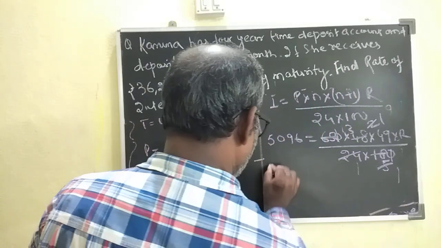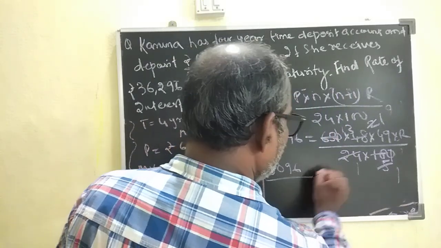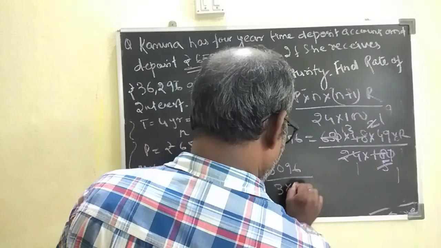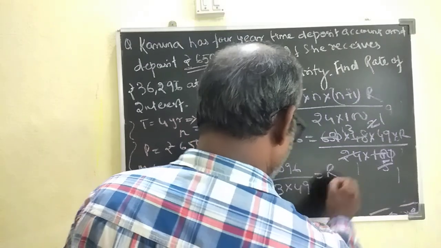So we can write 5096 divided by 3 into 49 equals R.